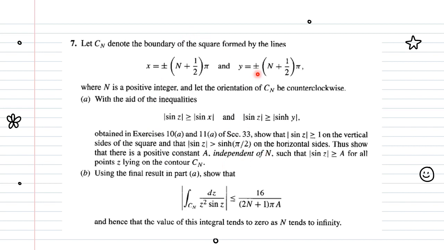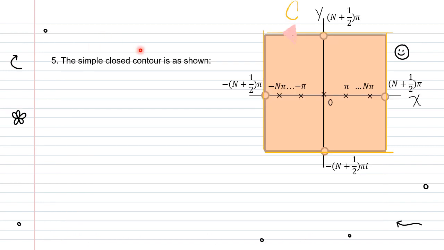So checking that suggestion that we had on the last exercise, it says that we're going to use the fact that the value of this integral tends to 0 as n tends to infinity according to this exercise itself. Here we have the simple closed contour, and it's as shown. So I got this square.